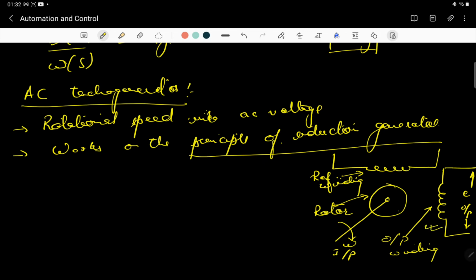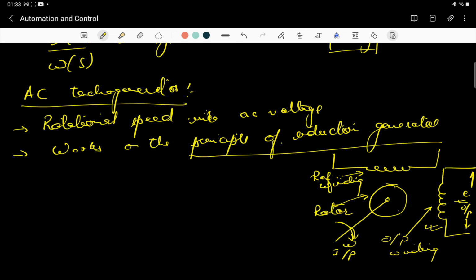As it is a generator, it will give the output on this side, and this is the rotor, which is connected to the shaft, and this is the reference winding. When this shaft rotates with the angular speed omega, it will give you the output voltage E at the output winding. The tachogenerator is coupled to the shaft whose speed is to be measured.